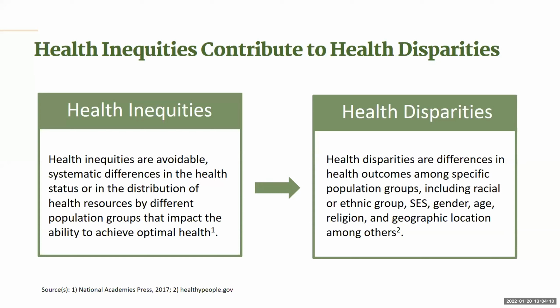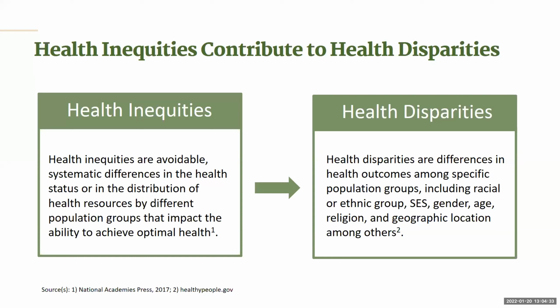So let's start by looking at the definition for health inequities and how they contribute to health disparities. Health inequities are avoidable systematic differences in the health status or the distribution of health resources by different population groups that impact the ability to achieve optimal health.